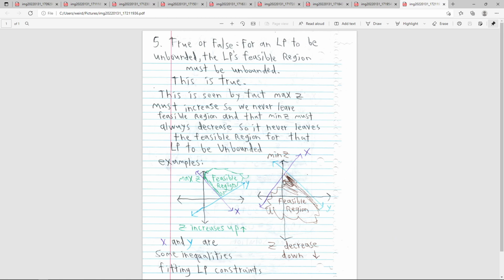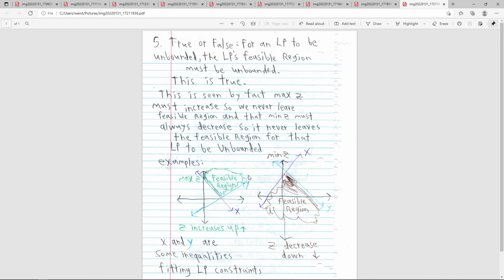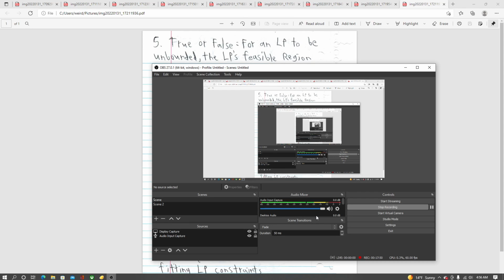For minimum z it just keeps on going down, and the feasible region here just keeps on going up. At the very least, that's a big part of it. There are other situations, but it's a true statement, and it's a good idea to give an example a lot of times. Sometimes it helps explain it like this. And that's all for this idea of the special cases.